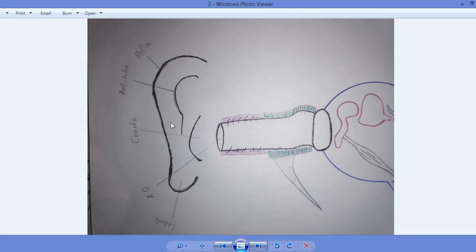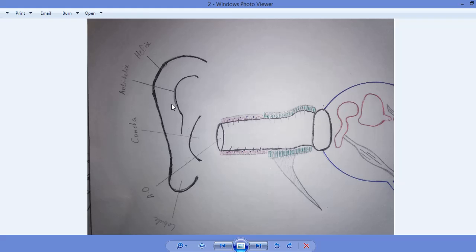Why is this on the anterior surface and the sweat on the posterior surface? Because when the sound waves come and strike the anterior surface, they will be absorbed over here and will not be rebounded or reflected. Why is this not reflected?